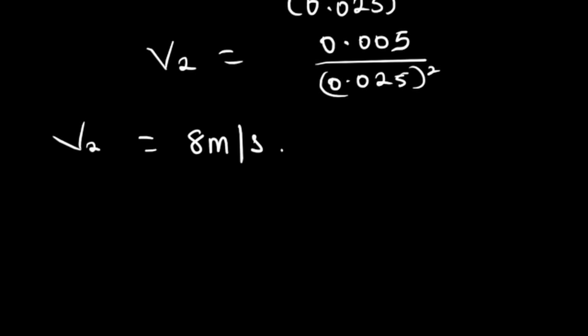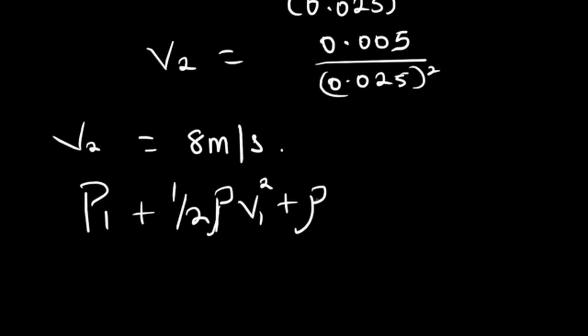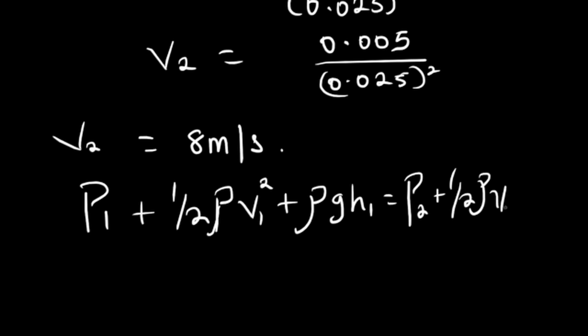Now, Bernoulli's equation for two ends of a pipe is written as P1 plus half rho V1 squared plus rho G H1 is equal to P2 plus half rho V2 squared plus rho G H2.